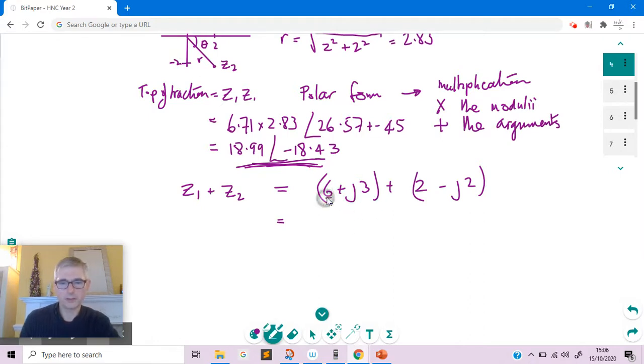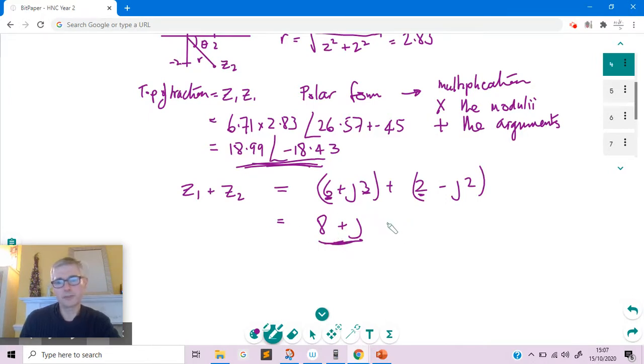So the first part of this is going to be the 6 plus the 2. So we're going to get 8. And then now we're going to do the imaginary part, and we've got 3, so that's a positive 3, and we're going to add to it negative 2. So it's going to be the same as doing 3 take away 2. So we're going to end up with plus J. That's what the bottom part of the fraction looks like.